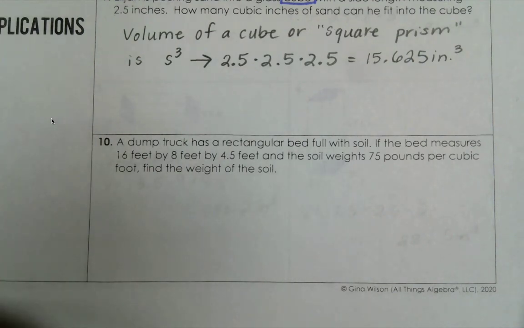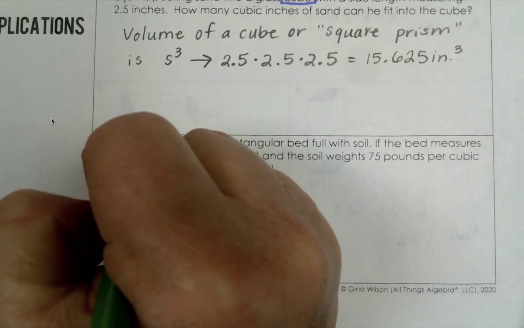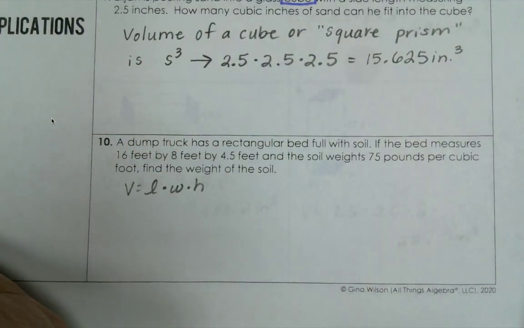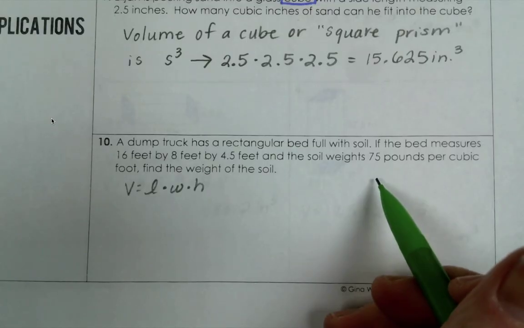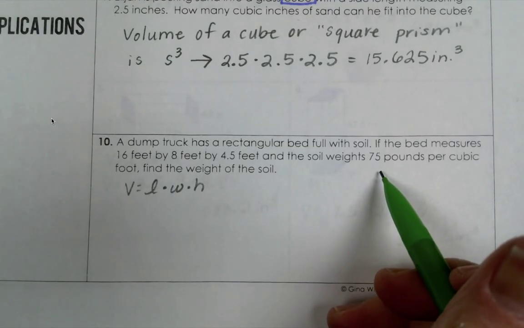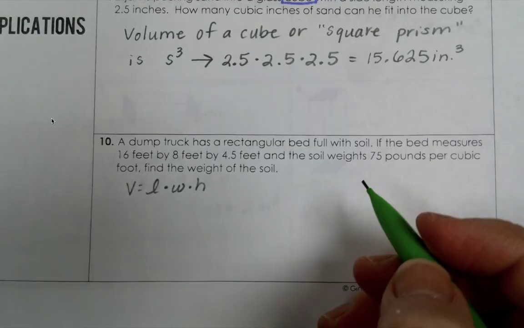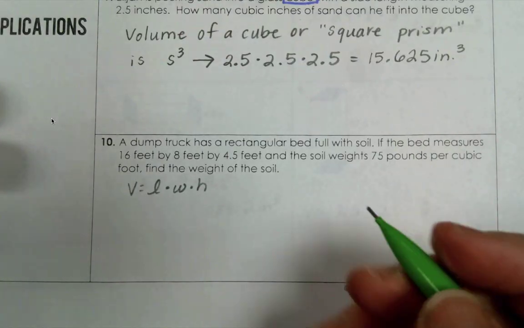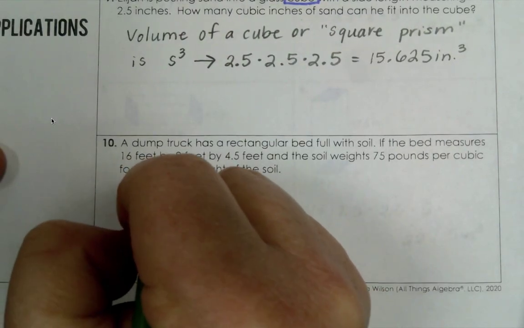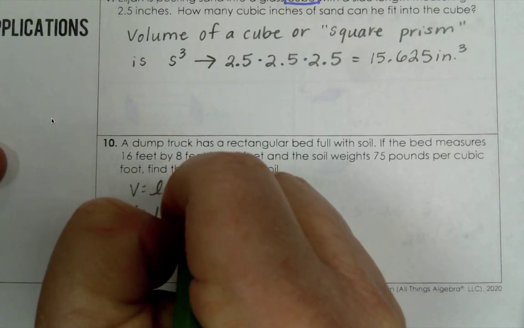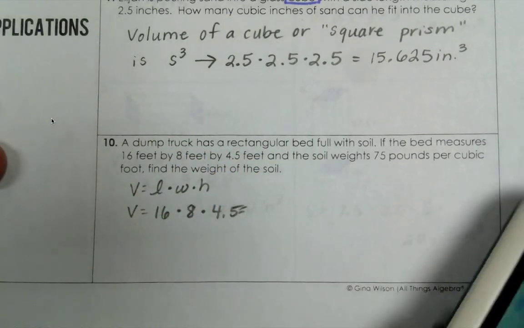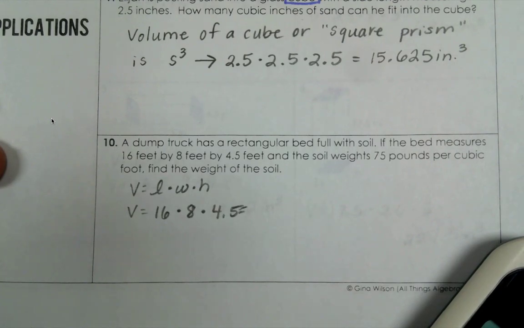Okay, so we're going to write down what we know. Volume equals length times width times height. Okay, we have to find the volume before we can figure out how much it weighs. Okay, because volume and weight are two different things. So volume equals 16 times 8 times 4.5, and we're going to write this down.